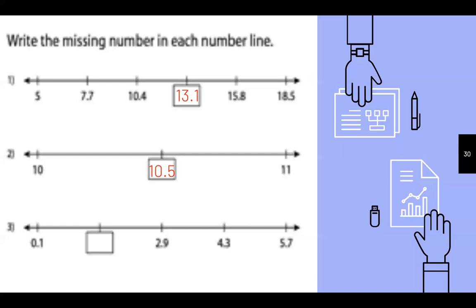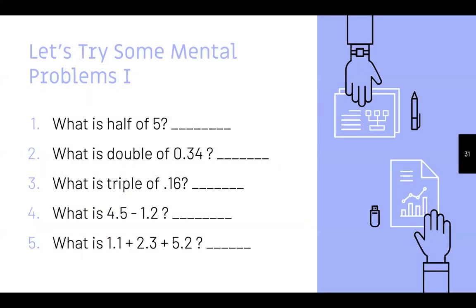We did 4.3 minus 2.9. 4 becomes a 3, 3 becomes 13. 13 minus 9 is 4. 3 minus 2 is 1. So then the answer, because it's a 1.4 difference and we start at 0.1, we have to add 1.4 to 0.1, and that's 1.5.